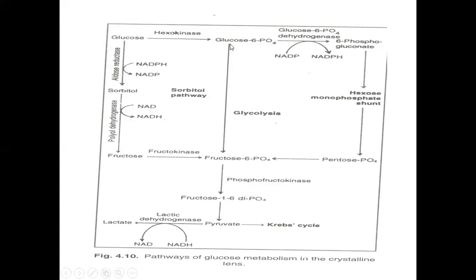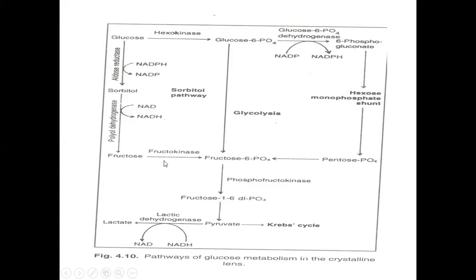From glucose to glucose 6-phosphate, the hexokinase enzyme is helping. From glucose 6-phosphate to 6-phosphogluconate, who is helping? That is the glucose 6-phosphate dehydrogenase enzyme, where NADP forms NADPH. For glycolysis, glucose 6-phosphate becomes fructose 6-phosphate.